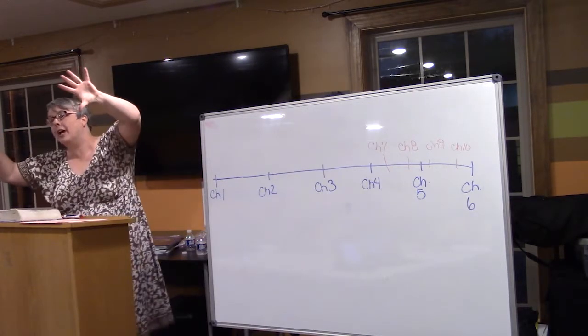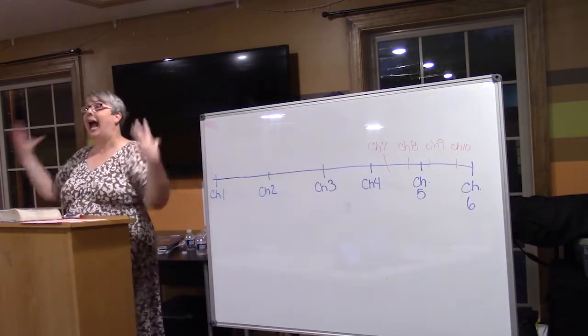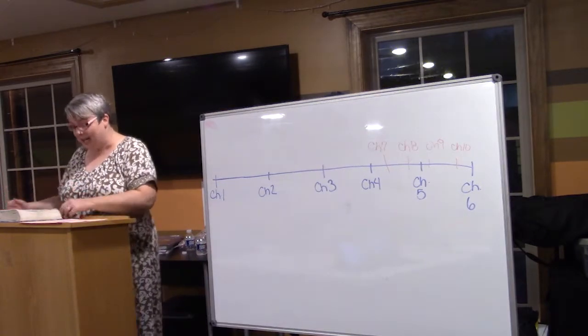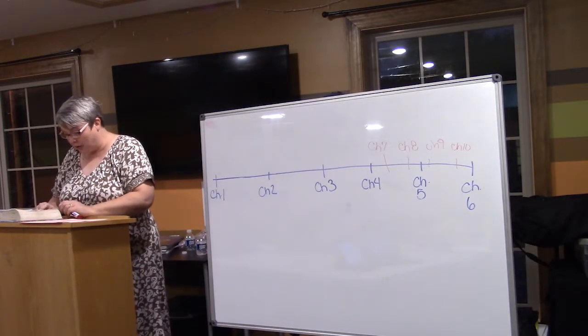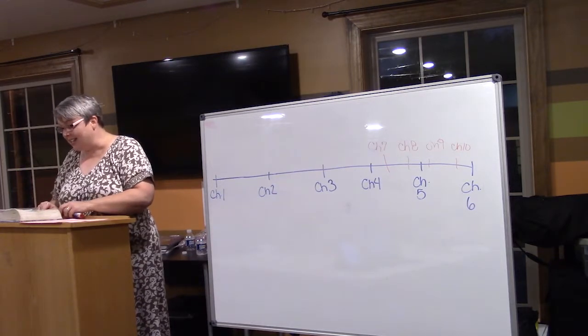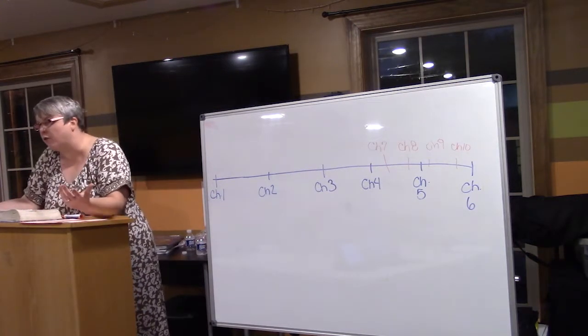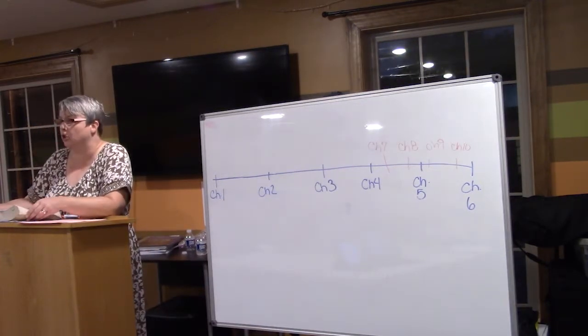So this is a very shiny, very powerful looking, very loud man standing by the Tigris River, and Daniel saw the vision. But the others didn't see it, but they were still afraid and they ran away and hid. What in the world did they go hide from if they didn't see the vision?